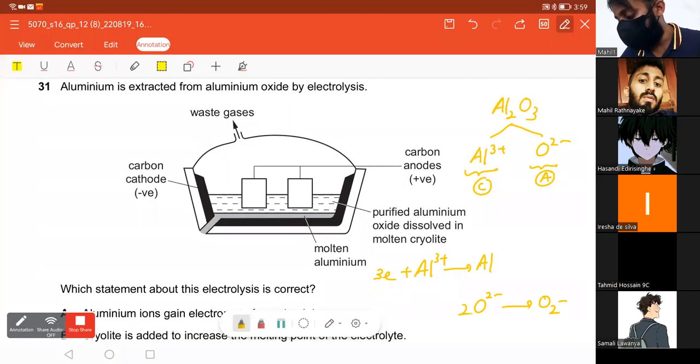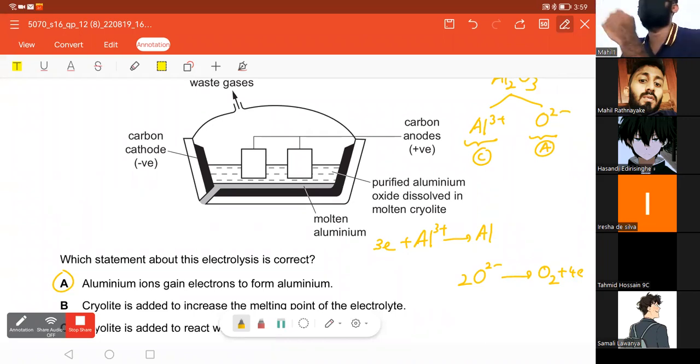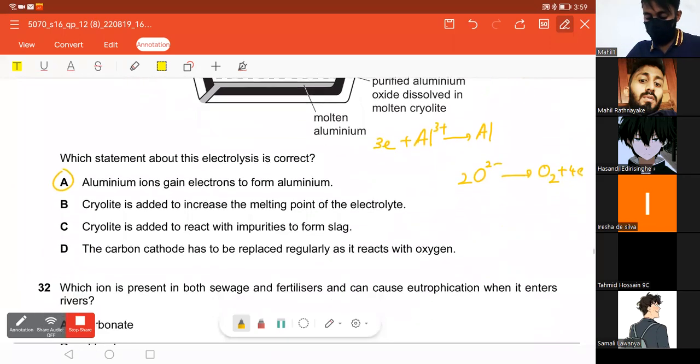We have to put 2 here and 4 electrons. Aluminium ion gains electrons. Yes, Al3 plus gaining 3 electrons to become aluminium. Answer is A. What is the reason for adding cryolite? Cryolite increases the melting point? No, it decreases the melting point. Answer is A.